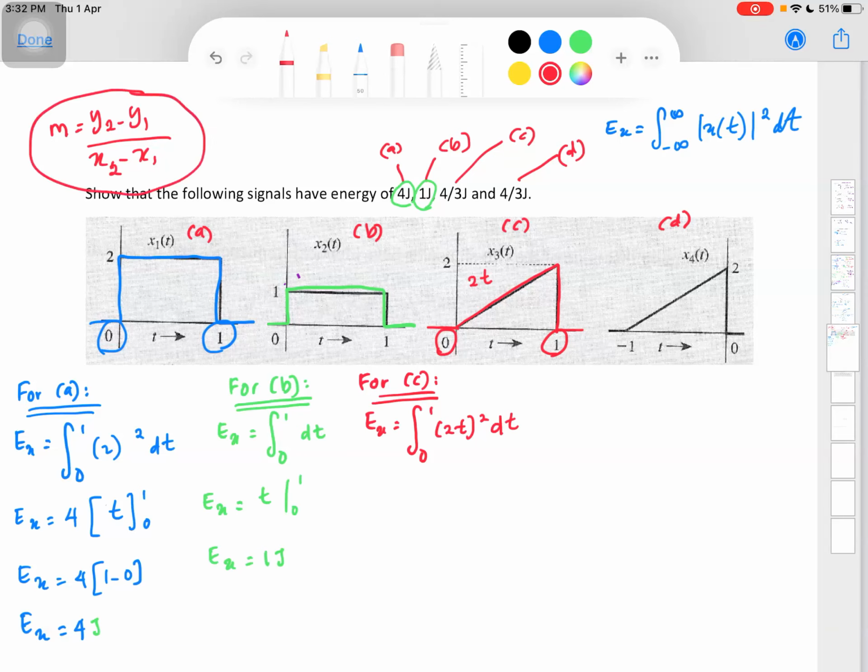Now, 2 to the power of 2 will be 4, and we have t squared. So this will be 4t cubed over 3, from 0 to 1. So Ex will be 4 over 3 joule.